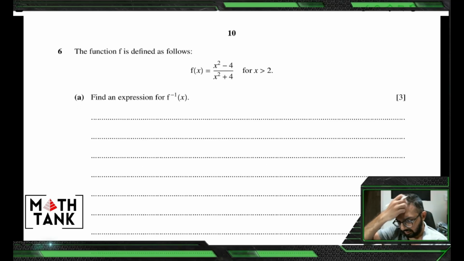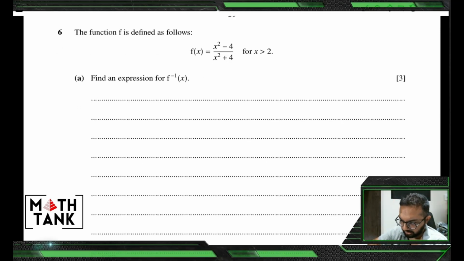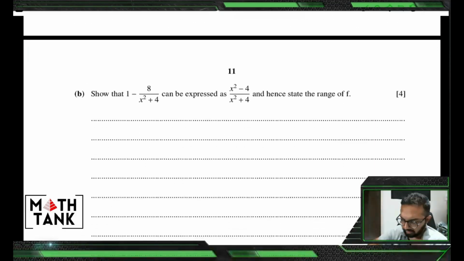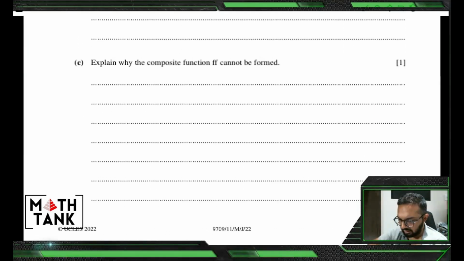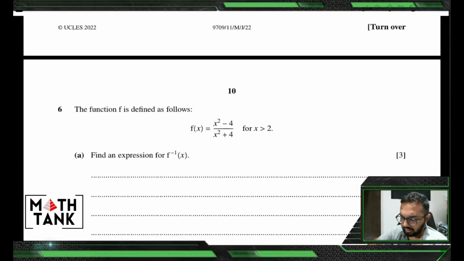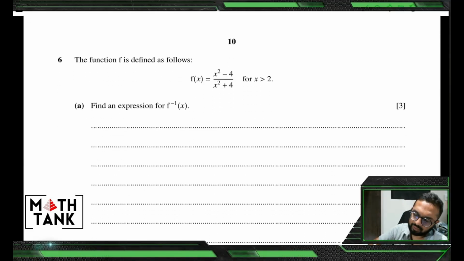Now this is a question that will bother a lot of people because it goes on to calculate the range. So let's try to do that. Find an expression for f inverse of x.